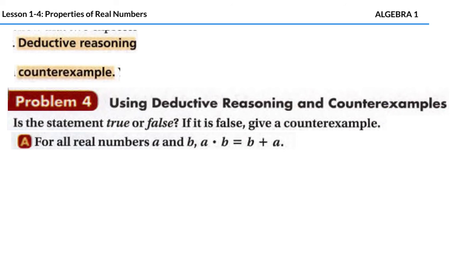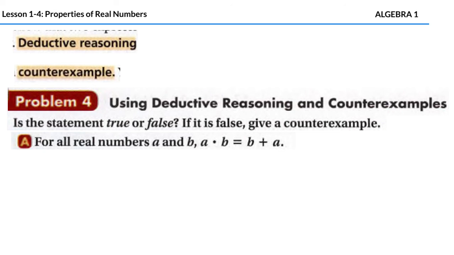Is the statement true or false? If it is false, give a counter example. For all real numbers a and b, a multiplied with b is equal to b plus a. Now, is this statement true? No, it is false. If it is false, come on, give an example.